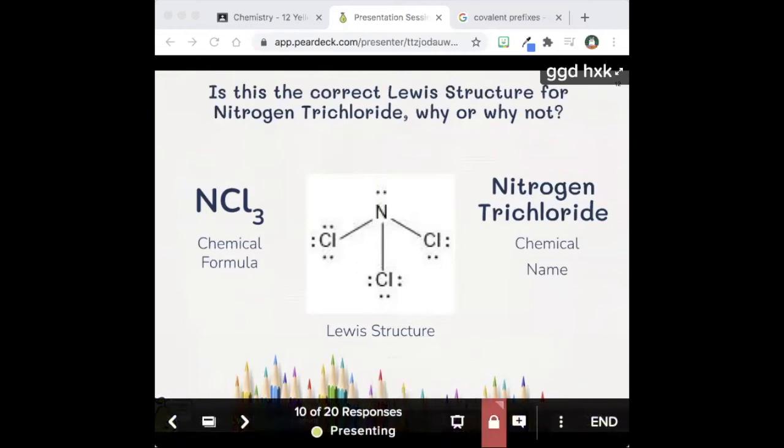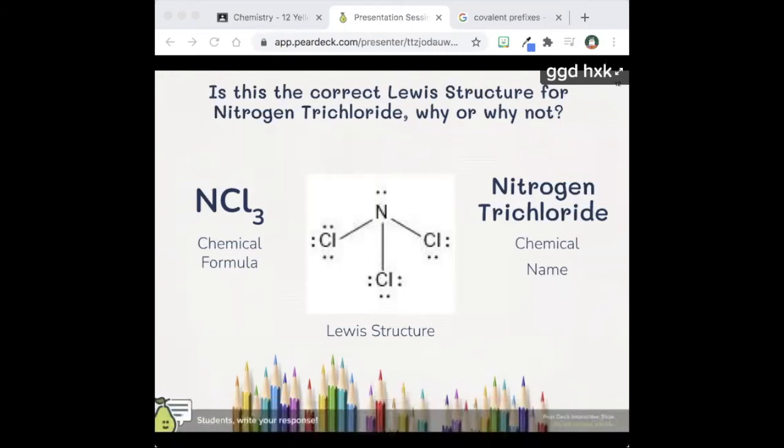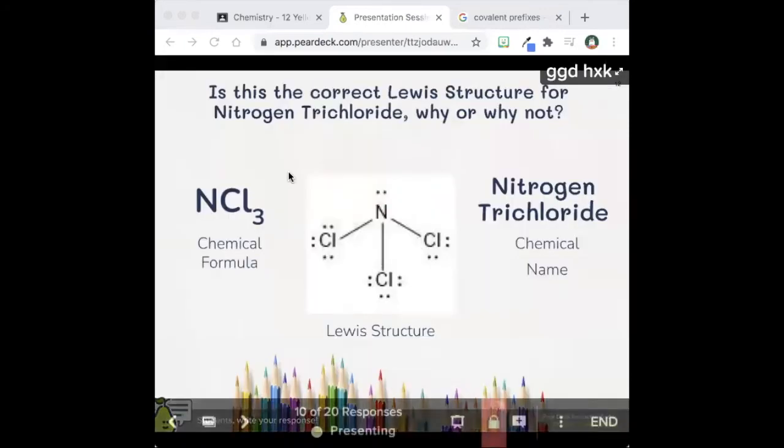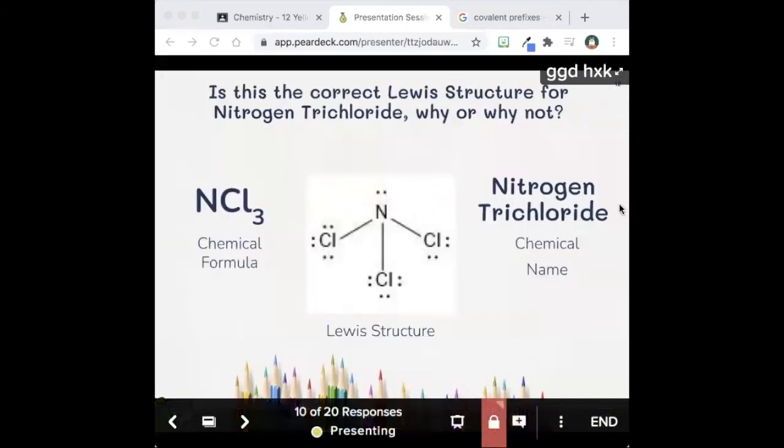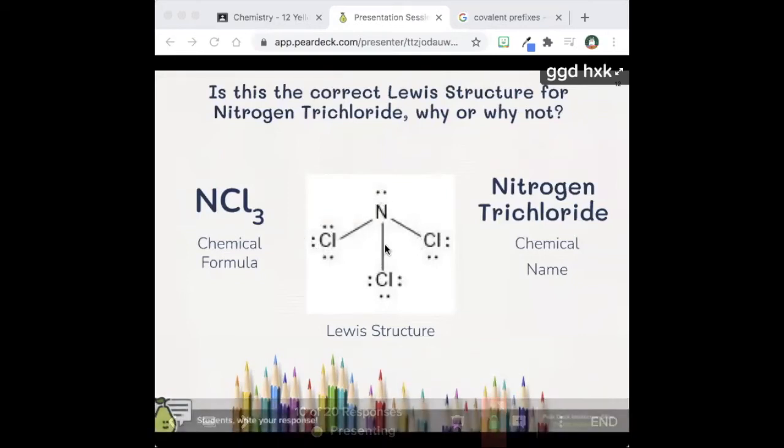All right, don't worry if your answer was not fully fleshed out. We're gonna look at these. A lot of you guys are correctly identifying that this is not the correct Lewis structure, because if we look here and we count, we need 26. We have 2, 4, 6, 8, 10, 12, 14, 16, 18, 20, 22, 24.